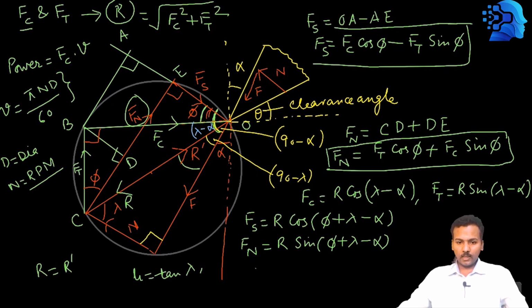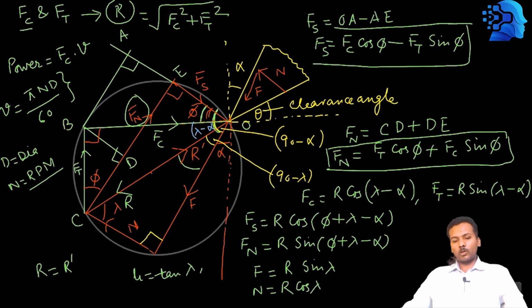So that means F is equal to R sin lambda, and similarly N is equal to R cos lambda. So by calculating simply R, you can resolve all the forces. So this is the simplest way. If you can draw the Merchant circle diagram and you know how to calculate the Fc from the power, then you can calculate all the forces.